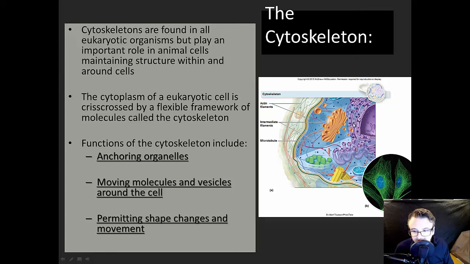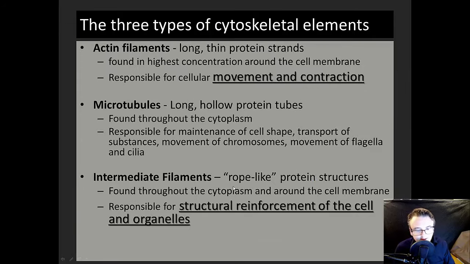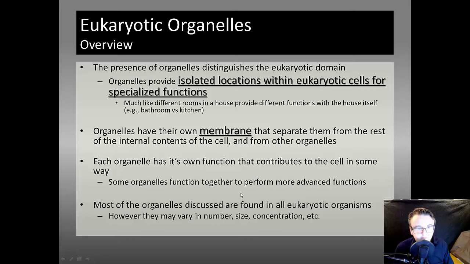Microtubules can be found usually internally as well, or along with the intermediate filaments, excuse me. So actin filaments on the outside, intermediate and microtubule filaments on the inside. Intermediate filaments playing more of a structural role. I know this figure doesn't show that all that well, but that's the idea there. Okay, so recognize the three basic types and the three basic functions of each there.